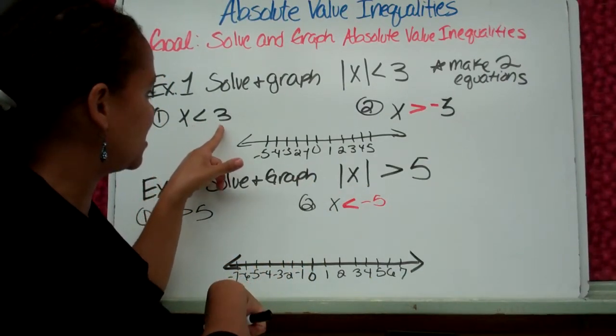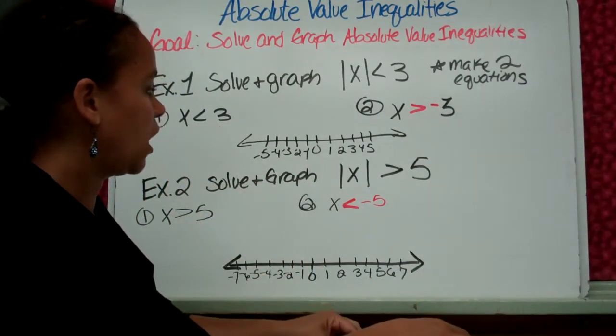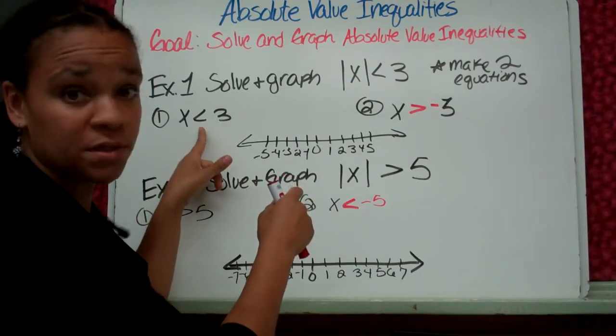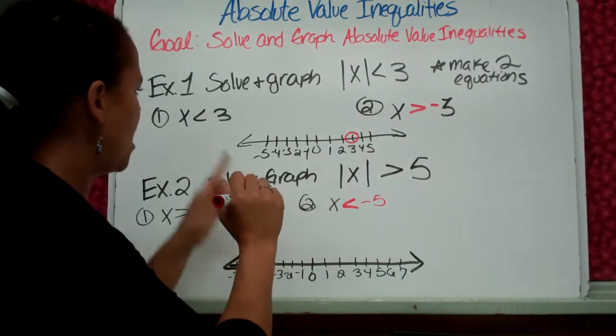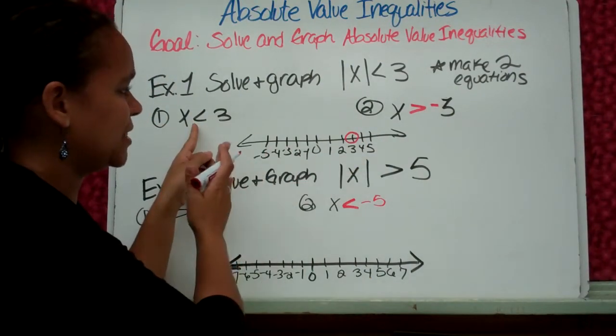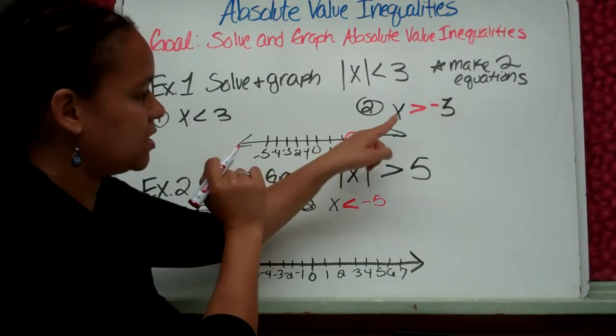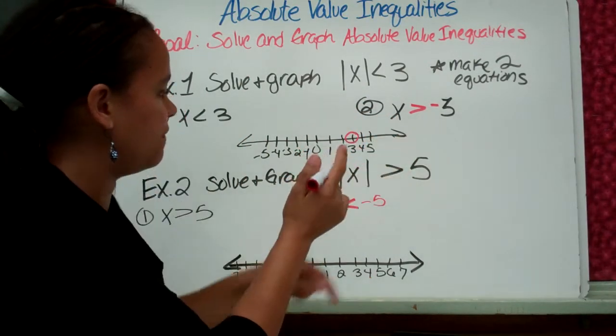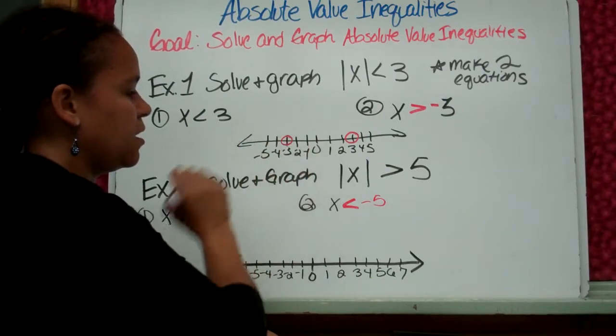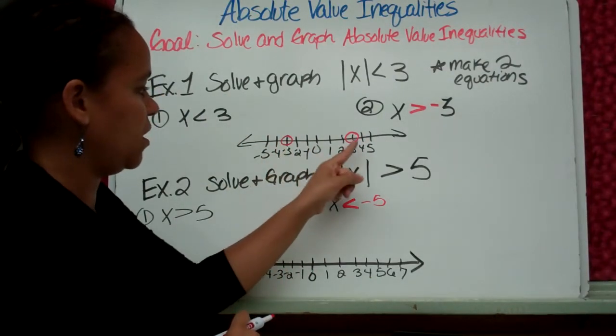So we want to graph x is less than 3, so we're going to go to 3, open circle, because it's not or equal to, and we want to graph what's less than that. But we also want to consider both of these, so when x is greater than negative 3. So I'm going to put both of my numbers on here. Here's negative 3, here's 3.